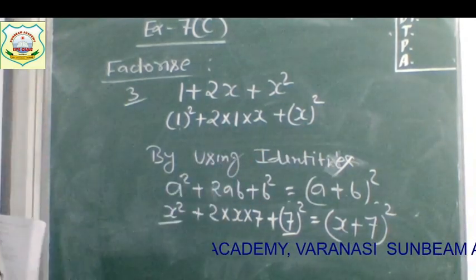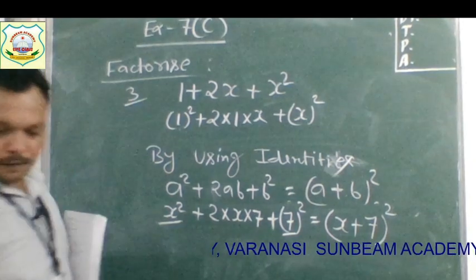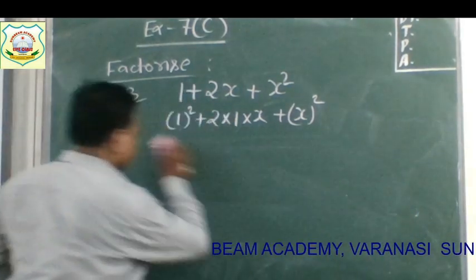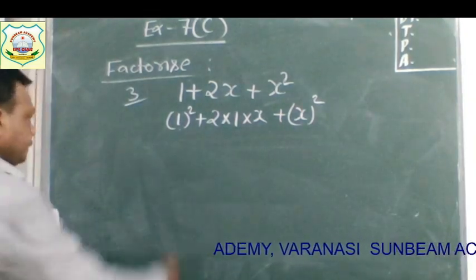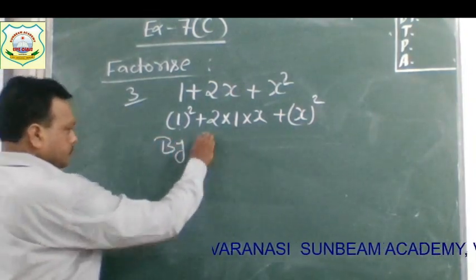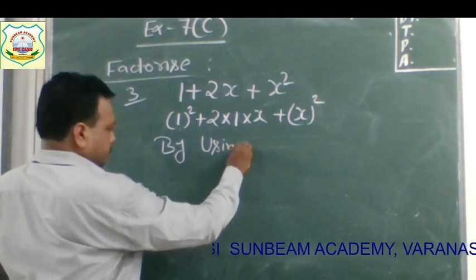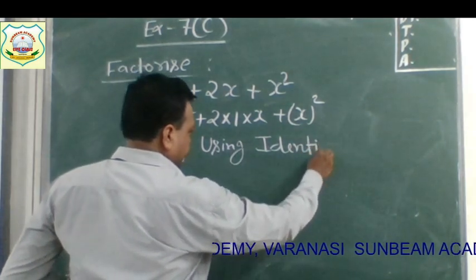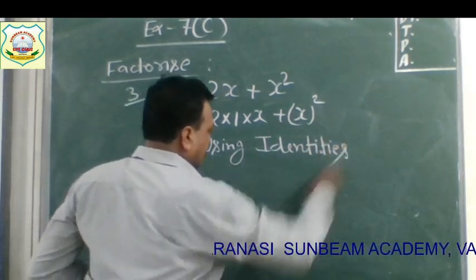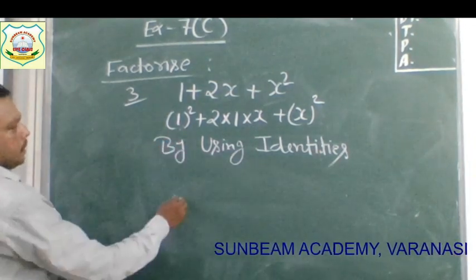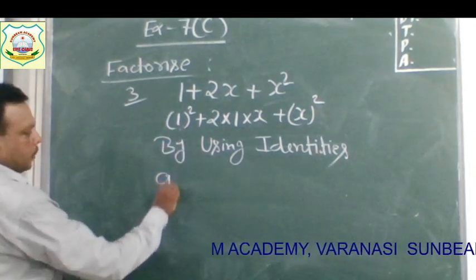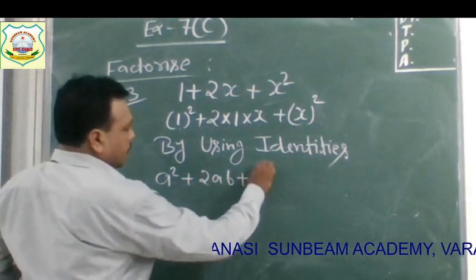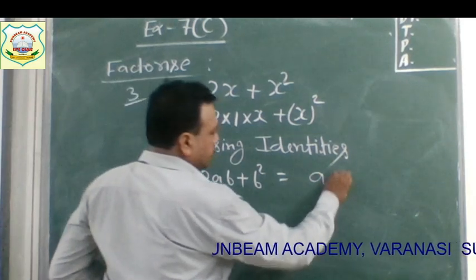Now we have got the same by using the identities. By using identities, a square plus 2ab plus b square equals a plus b whole square.